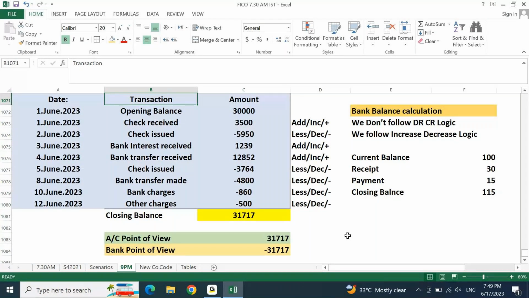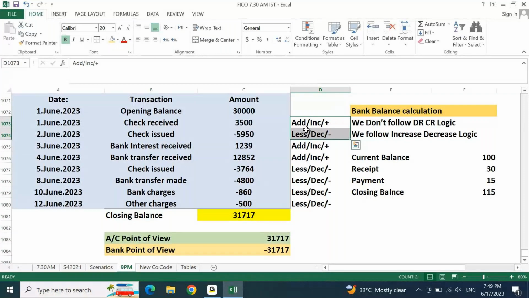Now, irrespective of the bank, the client, the company, the month, or the number of transactions, the logic is only these two. Your total BRS depends on plus and minus. It all depends on how good you are at deciding whether a transaction is going to be a plus or a minus.